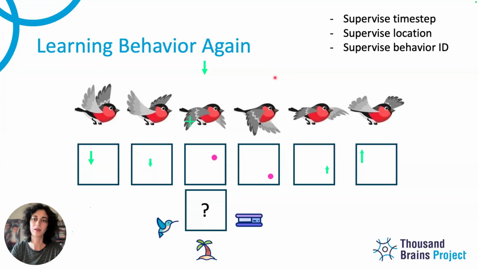Inference can happen at any point in time, but I think what Ramy's mentioning here is that the way we were planning to do the first test of behavior models is to supervise learning in order to avoid this issue of only seeing one point at any point in time, basically telling it, okay, this is a behavior. Now it repeats. Now you're at this time point in the behavior.